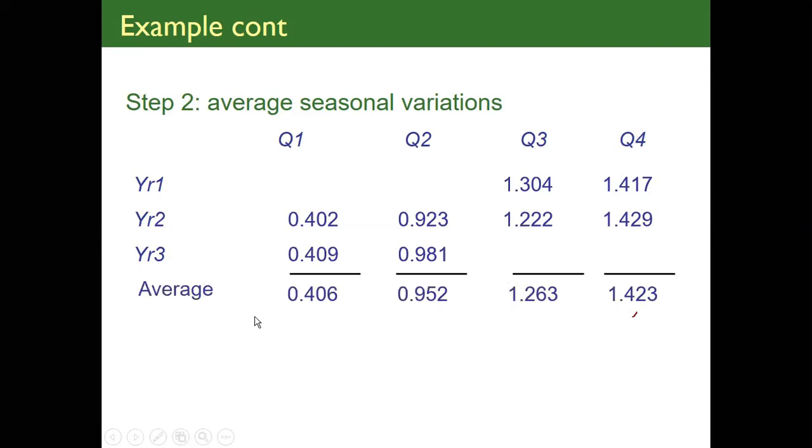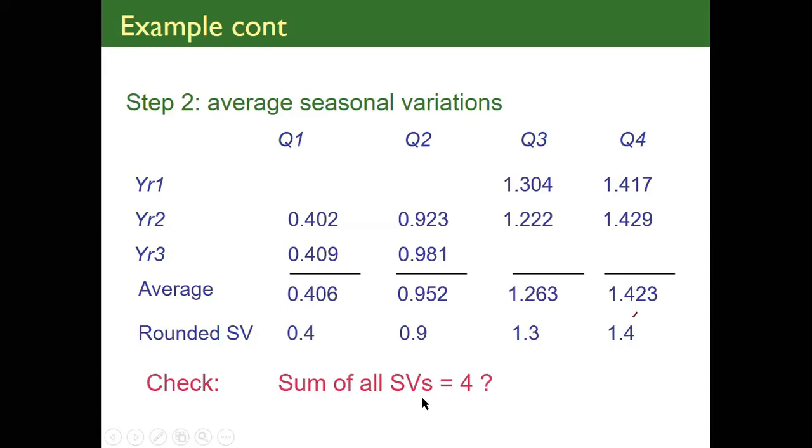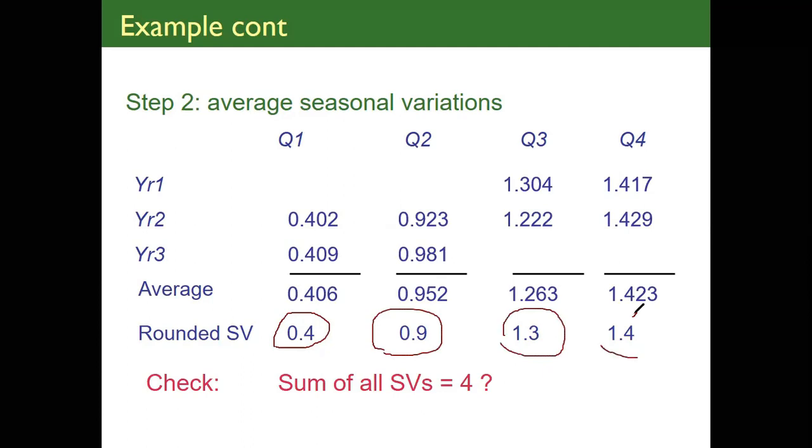You can round to 0.4, 0.9, 1.3, 1.4, and the sum total should be 4. The sum total of these seasonal variations is 4. Okay, so now we've got average variations. These are my seasonal variations, and I calculated the average of that. Now it is almost finished. We have almost calculated everything.